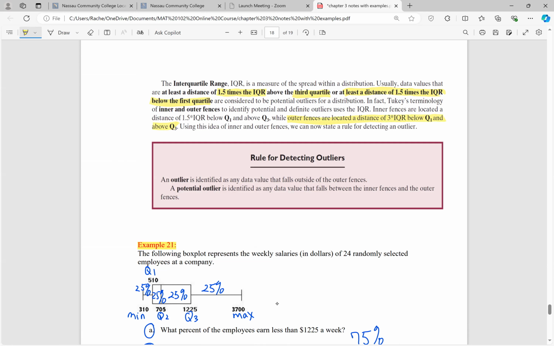So if we use this idea of inner and outer fences, we could set a rule now for detecting outliers. So an outlier is any data value that falls outside the outer fences. A potential outlier is identified as any data value that falls between the inner fence and the outer fence.